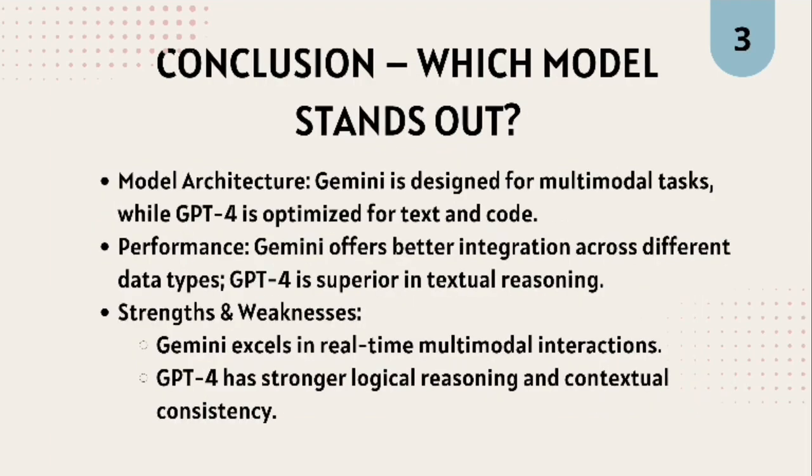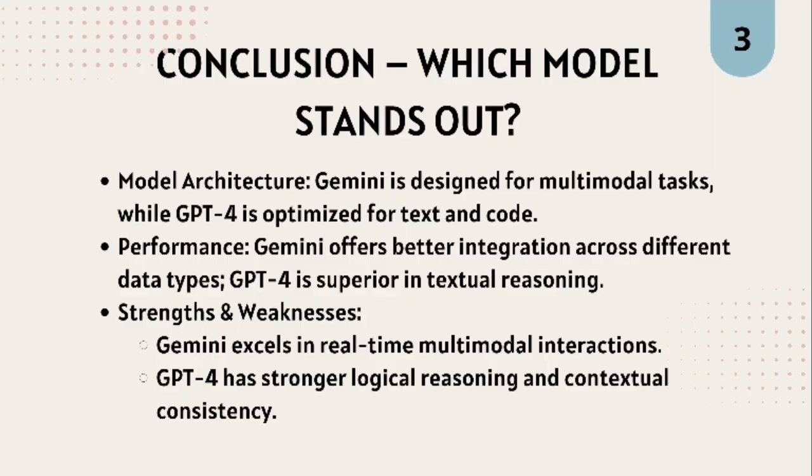So next one is the conclusion. Which model stands out? To conclude, Gemini is a strong competitor in the AI landscape, especially due to its multimodal capabilities. However, GPT-4 still leads in logical reasoning and long-form textual accuracy.